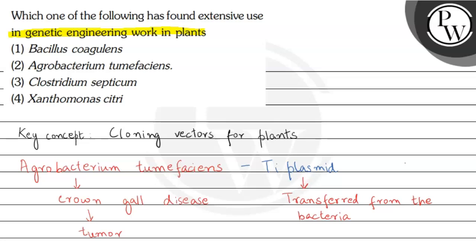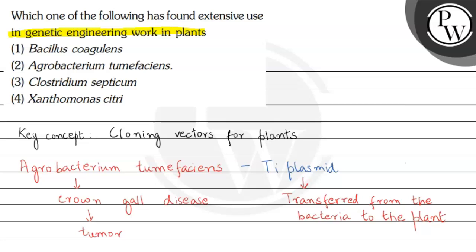So, while the Agrobacterium tumefaciens infects the plants, it results in the transfer of the Ti plasmid into the plant host cell genome. So in this way, we can exploit the Ti plasmid for our own interests.